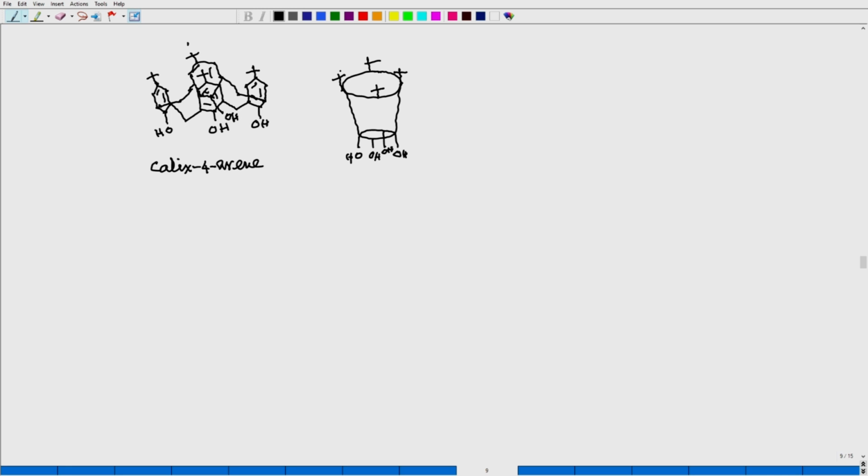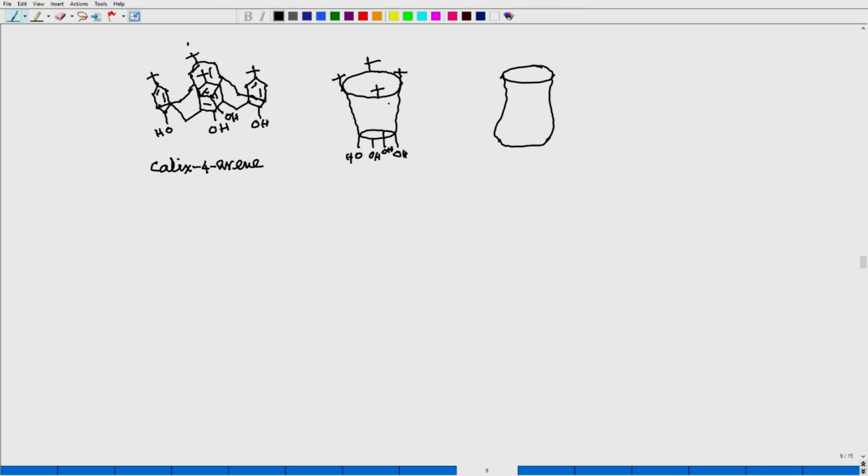So, this is a cartoon variety of Calixarenes and this part looks like a flower vase. Here is a flower vase. I will draw the flower vase also. Okay, is a flower vase.